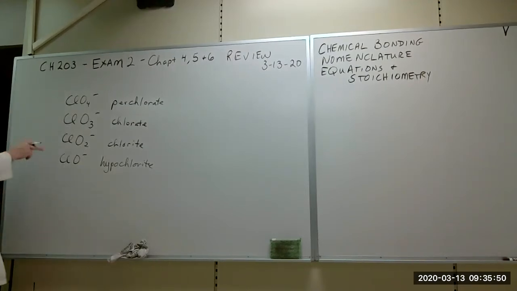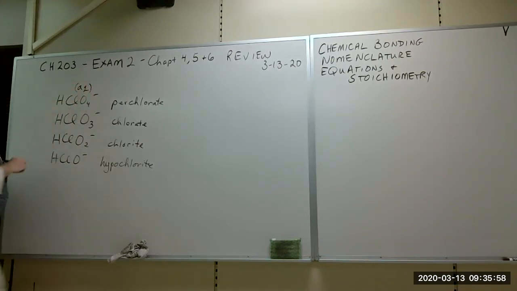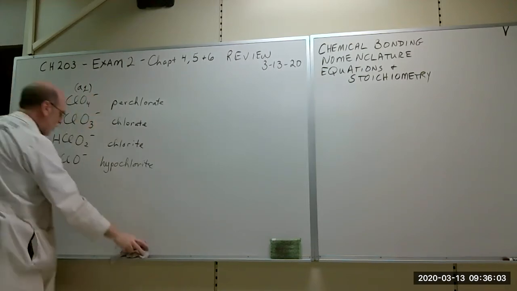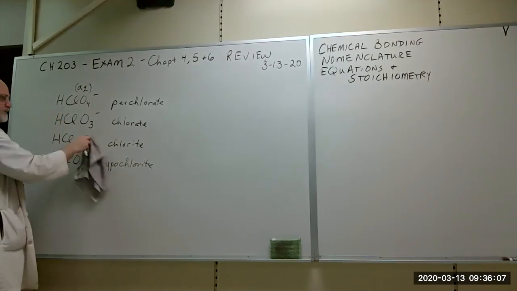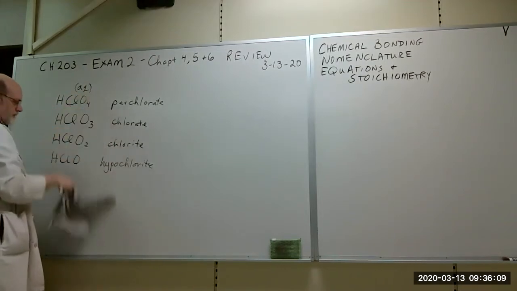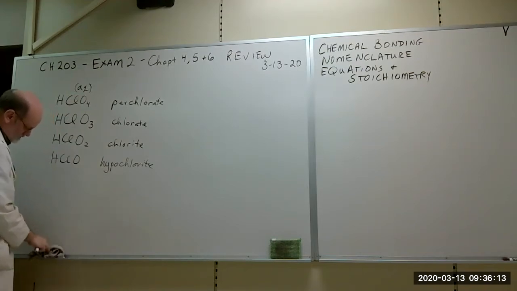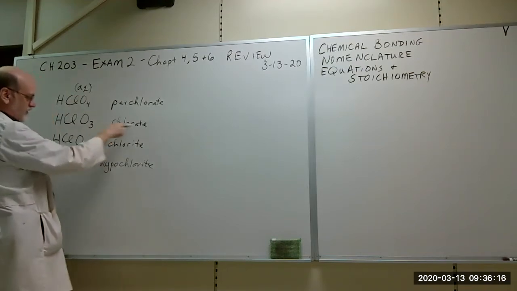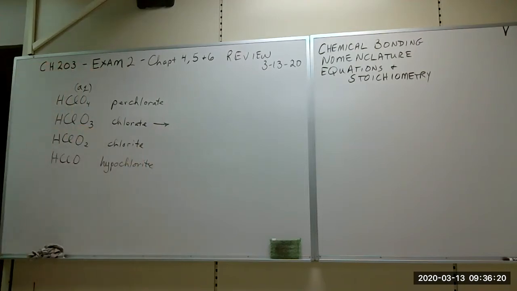Now, if we add a hydrogen to each one, we're going to make an acid. And that, of course, assumes that you put it in water. It's aqueous. All right, so now those charges are gone because we've neutralized them with 1 positive proton. Okay? Now, what do we call these? Well, since it has oxygen, we don't say hydro.